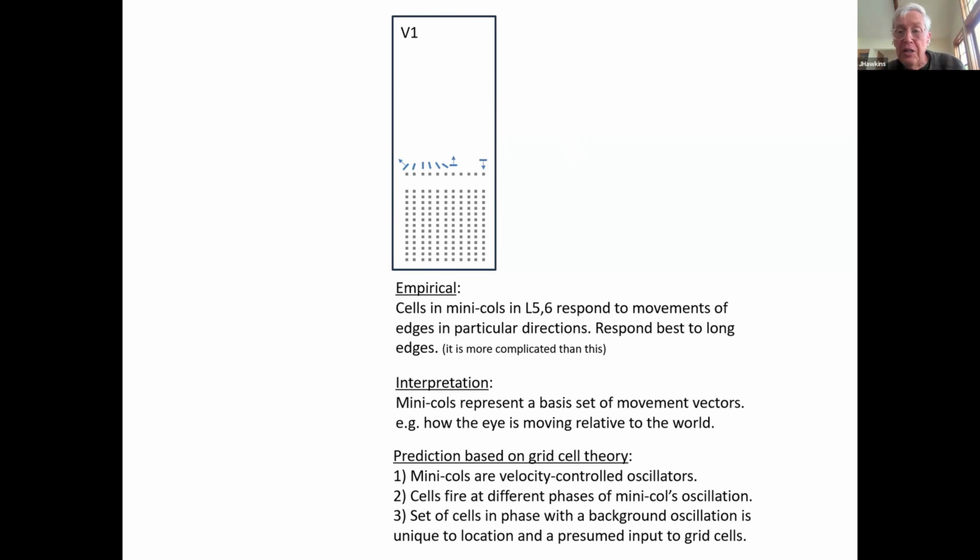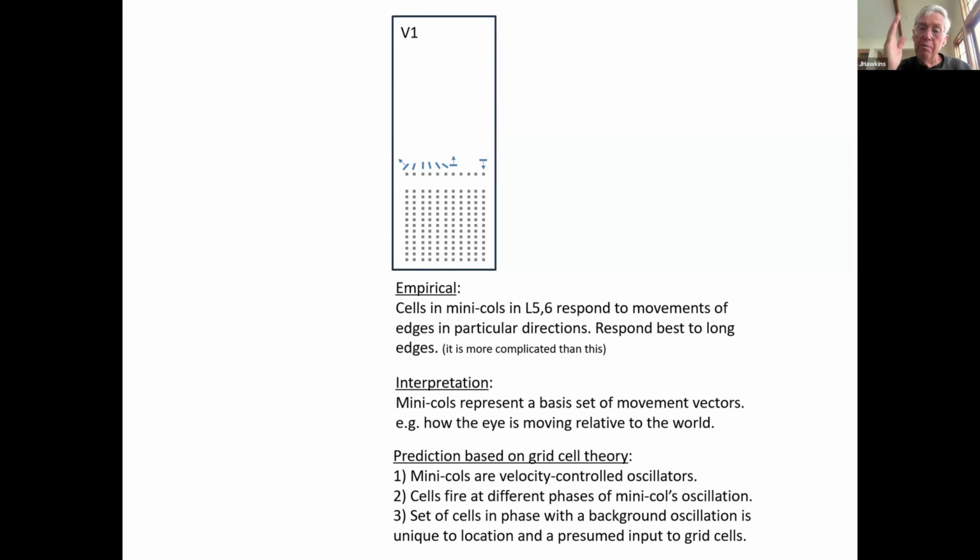So at the moment, if I just looked at these cells, they wouldn't tell you where you are. It's when you compare them to a background frequency. Let's say there's a background frequency at 10 hertz, and the base frequency of this minicolumn is 10 hertz. In that case, only one cell would be peaking at the same point as the background frequency, because the cells are firing at different points in time throughout that 100 milliseconds.